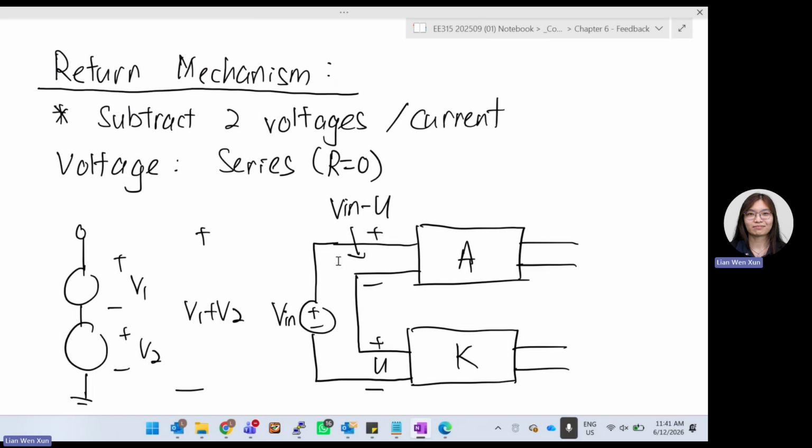My K now is acting as a voltage source, so the resistance is supposed to be 0, ideally. And then we can subtract the voltage. So here, if you connect in series, basically V in, so this point is your U. We can say V in minus U is basically your input for your X, for your A.